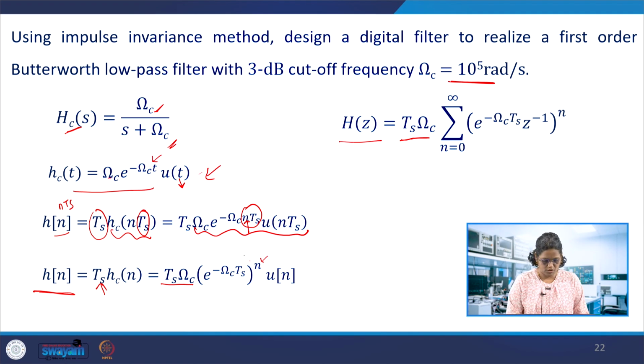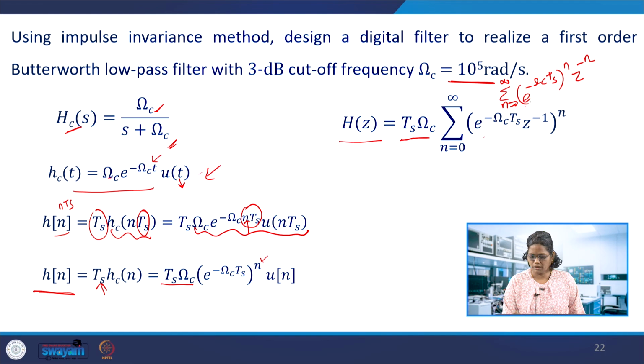So we get the summation of e power minus omega c Ts to the power n into z power minus n, for n equal to 0 to infinity. This simplifies to e power minus omega c Ts times z power minus 1, whole power n.